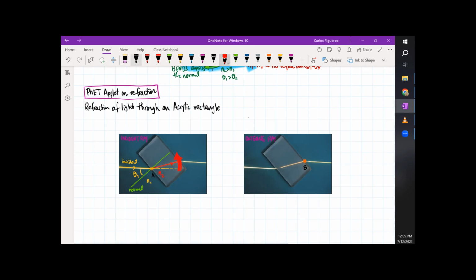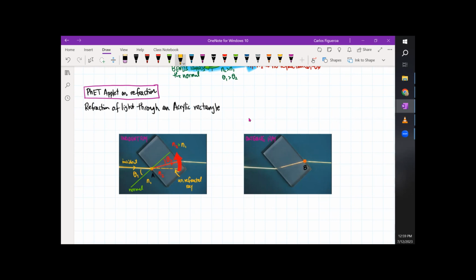So therefore, if it bends towards the normal, we say here that N2 was greater than N1. That's what we're saying right there. So then that tells me this angle is theta 2. Okay, so once again, this line right here is the unrefracted ray.